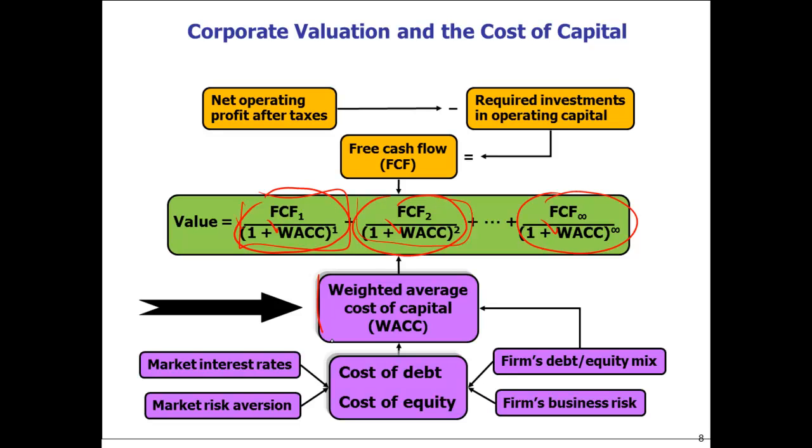We're now going to turn our attention to the weighted average cost of capital, because that ends up being the discount rate that investors use to pull back the cash flows that a company is forecasted to throw off, to find out what it's worth today. So we're going to go through a personal finance example, and then a corporate finance example.